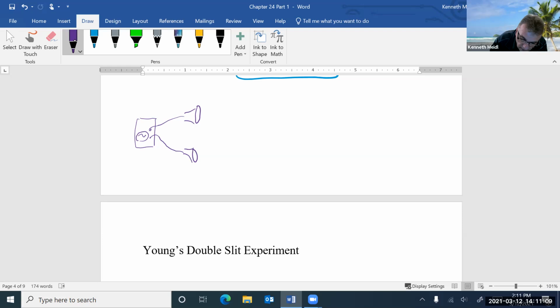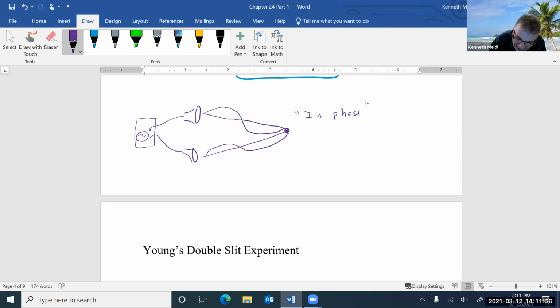So if you had a spot out here, and let's say the wave that comes out of here looks like that. And then if these were exactly the same distance, what we would have at this location right here is that these waves are, we use the words, in phase.